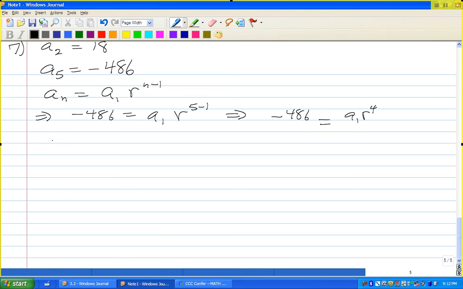And a sub 2 is 18, so in here it's 2. So you get 18 is equal to a sub 1 r.